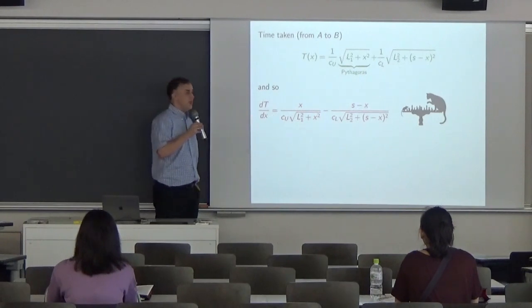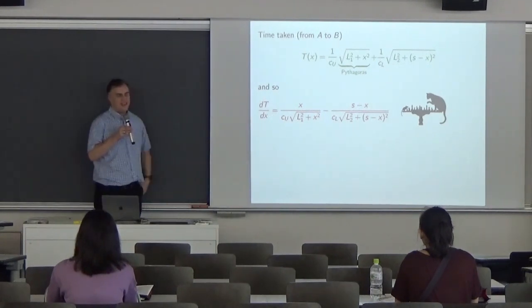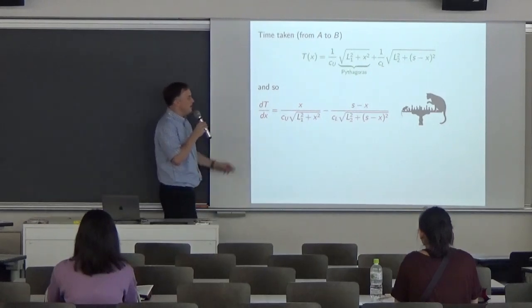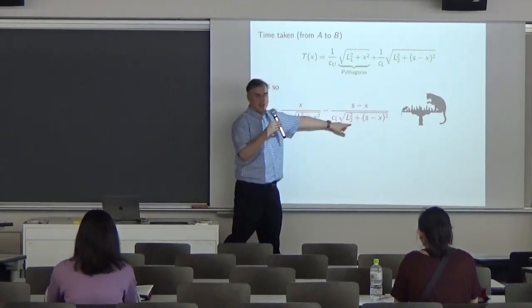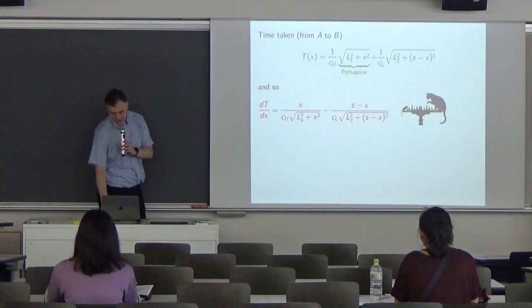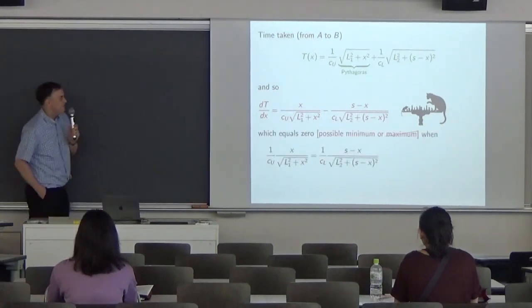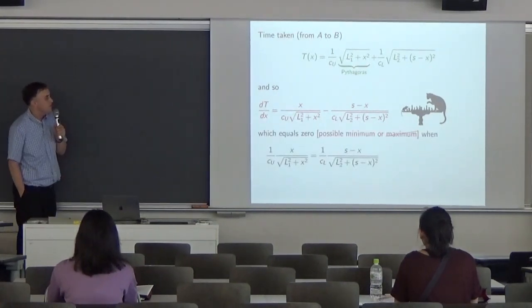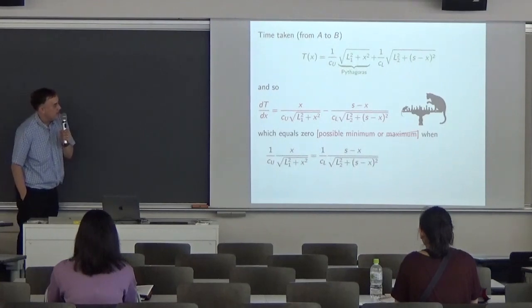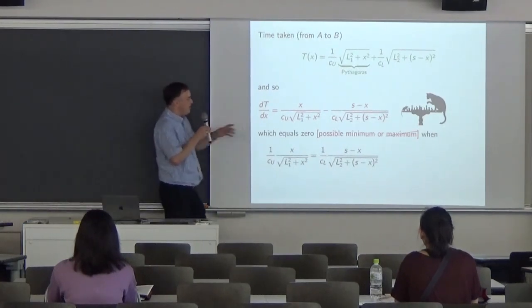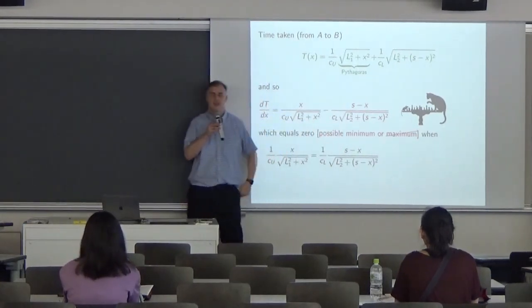Right? So if I want to find that special location x where that light ray changes direction, refracts at the boundary, then I need to find out where this thing is equal to 0. Right? So therefore, I need to find it being a possible minimum when that quantity is equal to 0, or in other words, when this bit equals this bit.